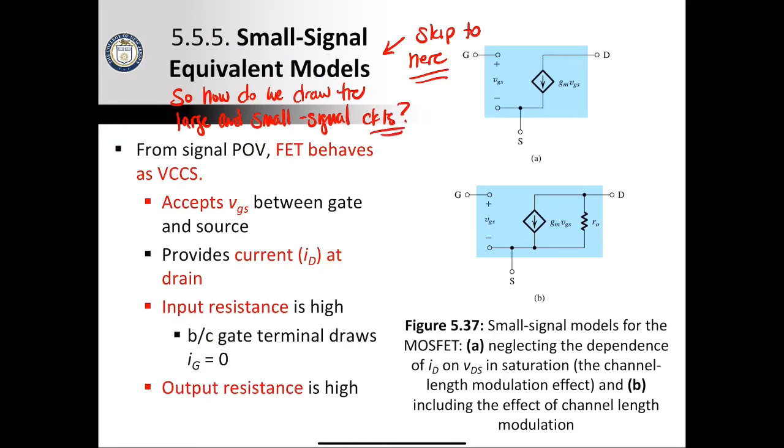For the small signal circuit, we're going to represent the FET as a voltage-controlled current source. If you remember the diode, we pulled it out and replaced it with a resistor. Now we are going to pull out the FET, and we're going to replace it with a voltage-controlled current source.